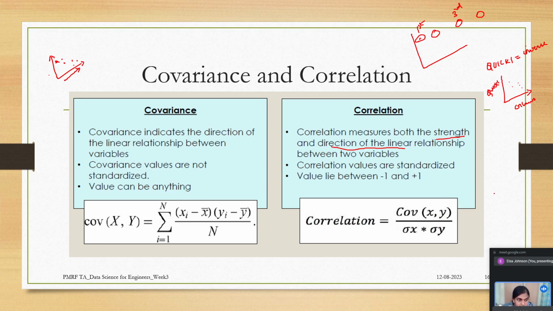For example, if you find the correlation between this particular value and glucose, it will show you a value like 0.05 or something, which is the strength of both those features. And if you get a minus value here, it means that they are inversely related. So that is correlation and covariance.